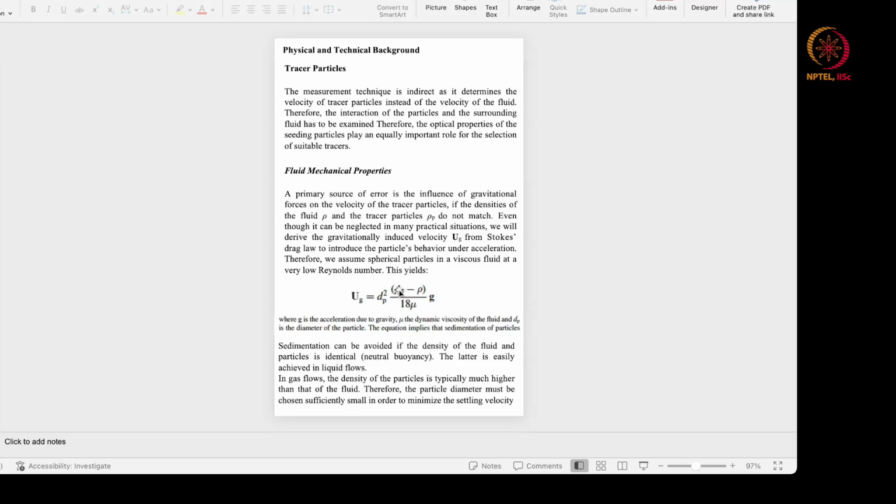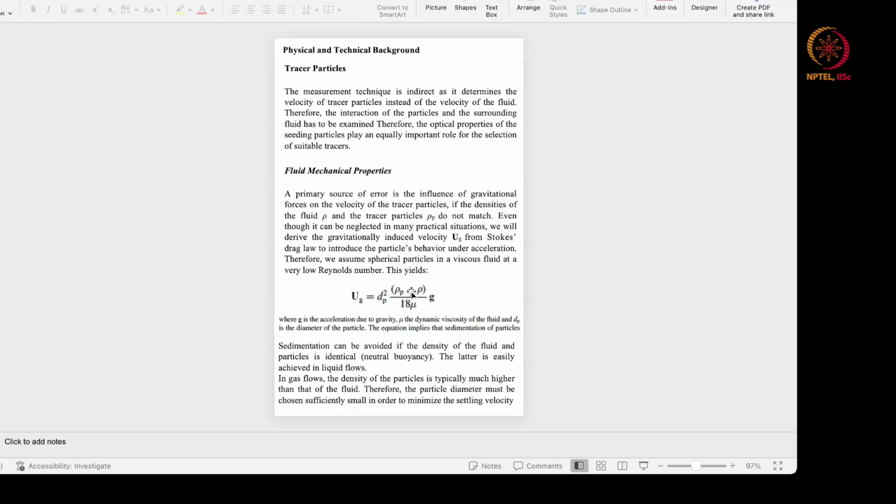If this term, rho p minus rho, goes to 0, then ug, the gravitationally induced velocity, would also be equal to 0, correct? Particles which are identical in density to the fluid are called neutrally buoyant particles, and this is easily achieved in the case of liquid flows.